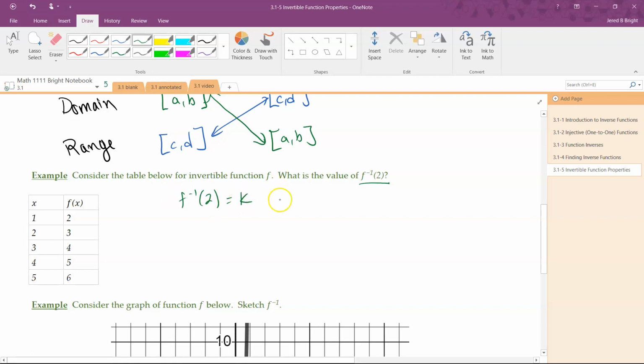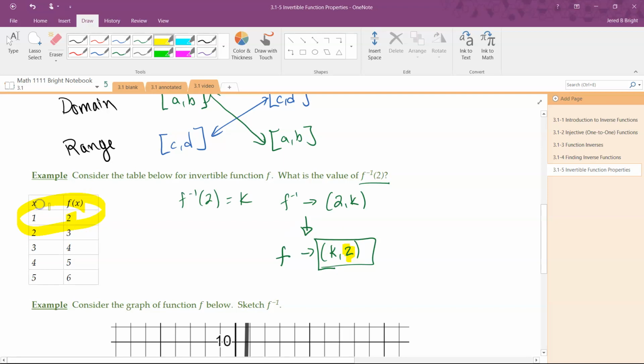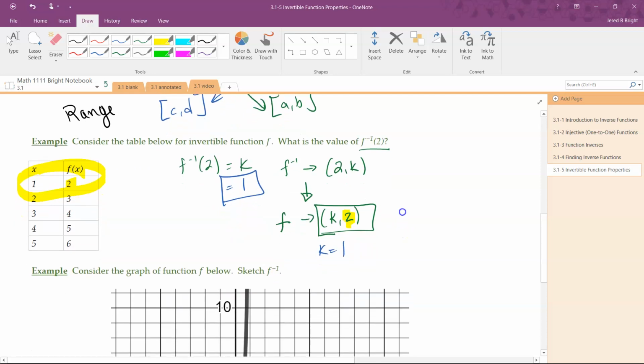So then we know on f inverse we have this point (2, k). When we look at the function, don't we end up having the domain and range switch? So we would be looking at (k, 2). So in the original table, is there something where we can see the y-coordinate is 2? Oh, there it is. So k is actually equal to 1, and I actually didn't have to do any math. So f inverse of 2 is equal to 1. It's just using the domain and range properties, switching the x and y coordinates.